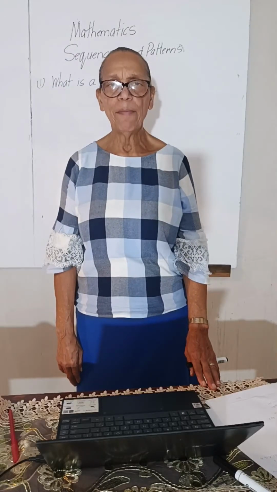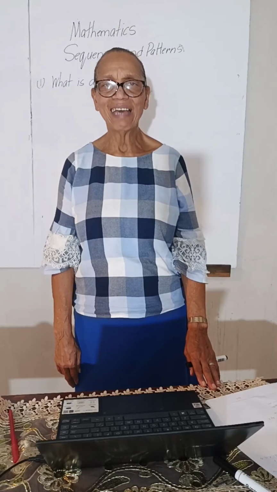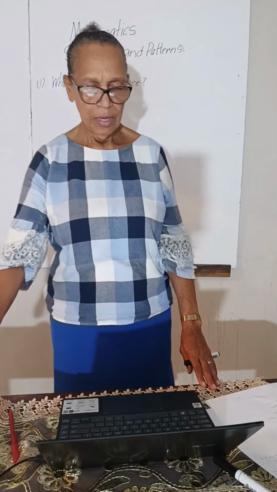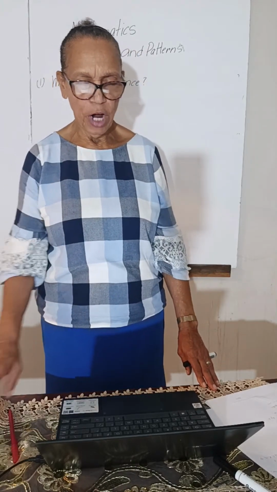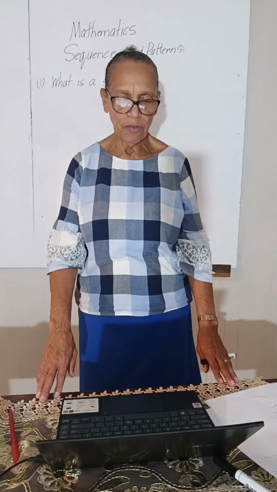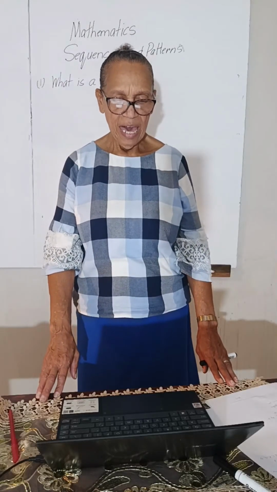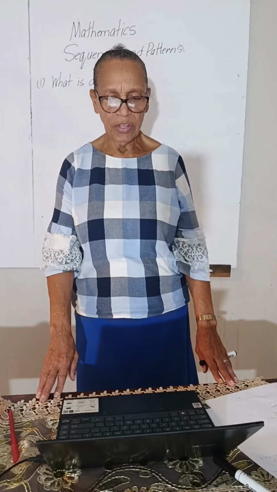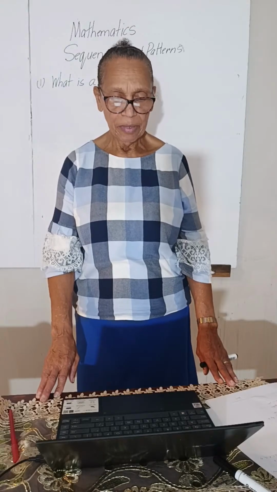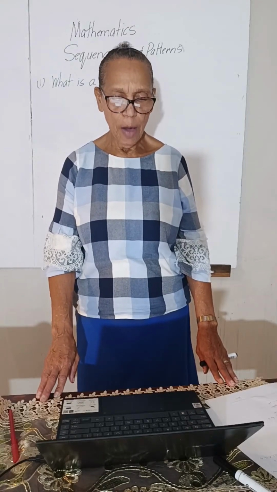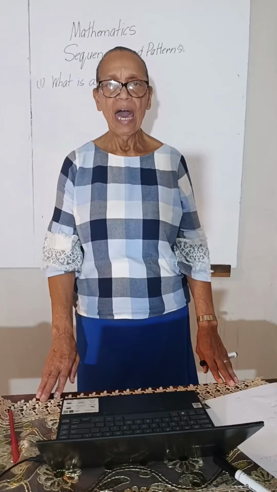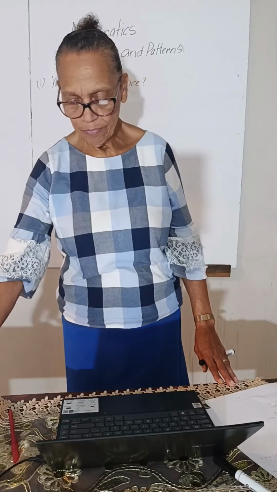And the question I'm asking, what is a sequence? A, a random set of numbers. B, a list of numbers in order that follows a rule. C, one number only. D, a word problem.